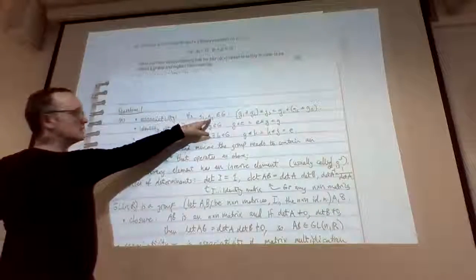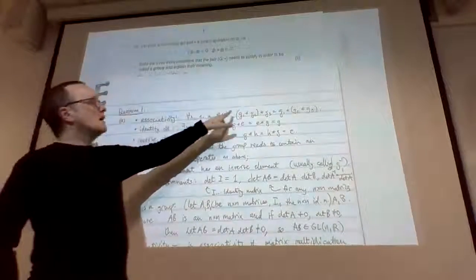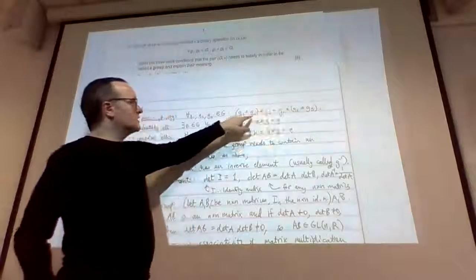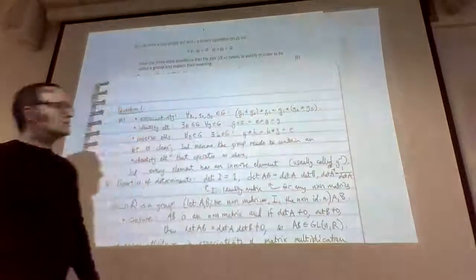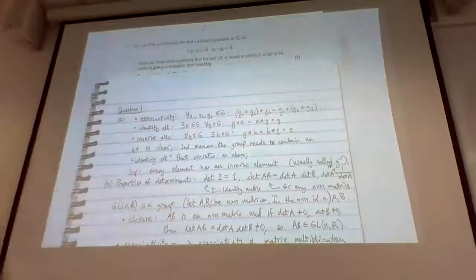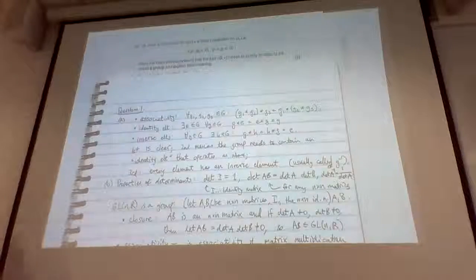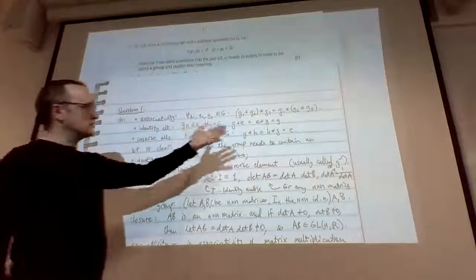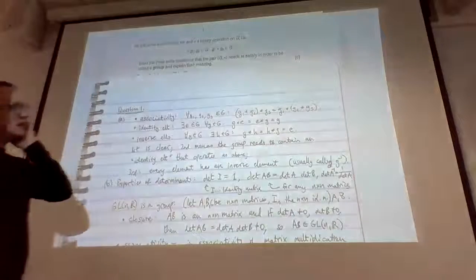Associativity says for every triple of elements, two different ways of evaluating the triple product come to the same place. G1 star G2 star G3 is the same as G1 star G2 star G3. That's associativity.